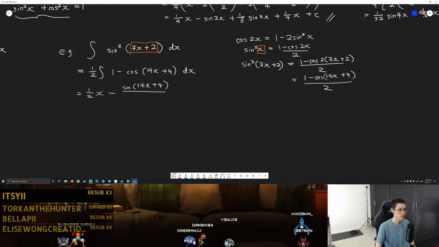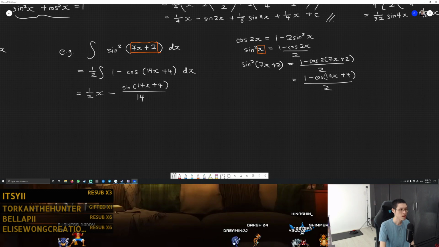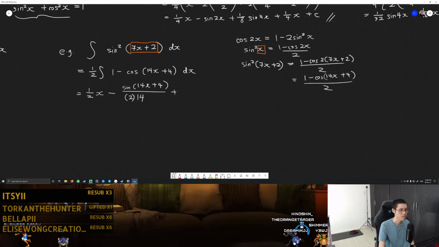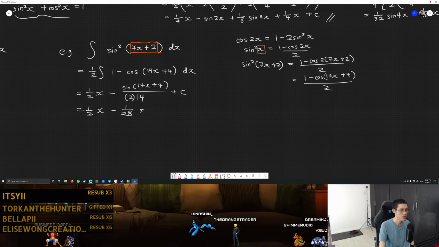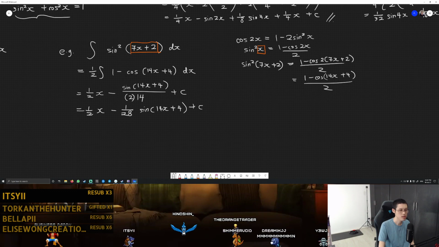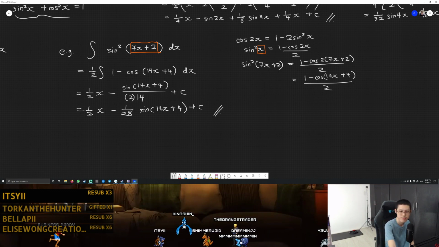We differentiate this, we get 14, so we should put 14 down here. And then times 2, because there's a half out there, plus c. So eventually we should end up with half x minus 1 over 28 sine (14x plus 4) plus c. There we go.